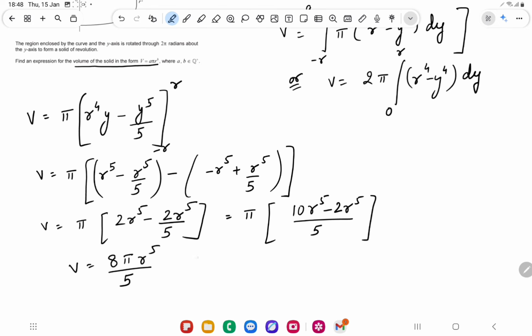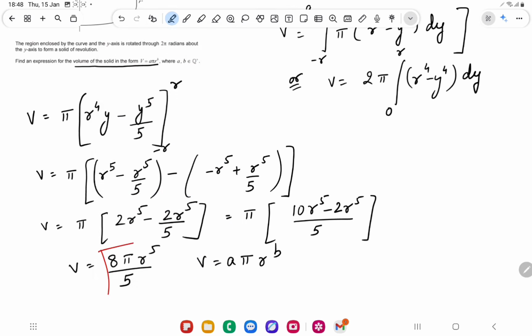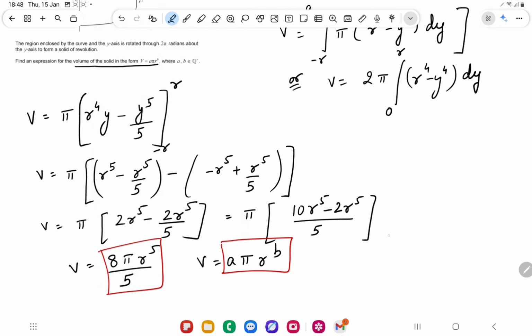Now if I compare this with what is given in the question, I can write my a value as 8 by 5 and b value as 5. So we have found the expression.